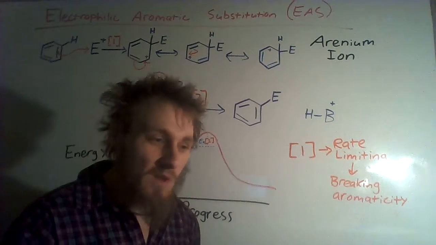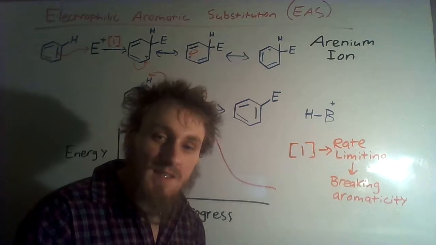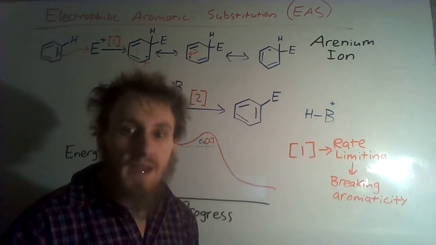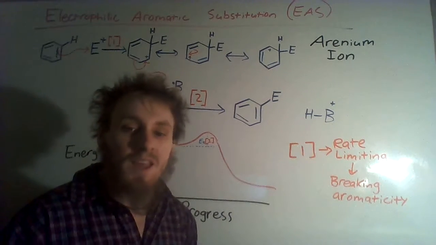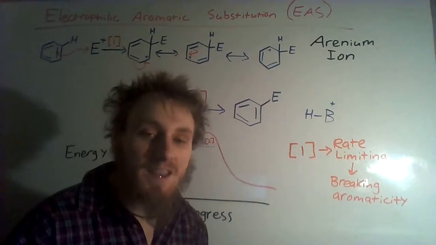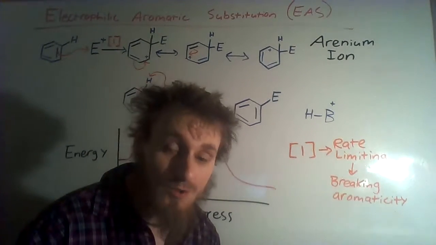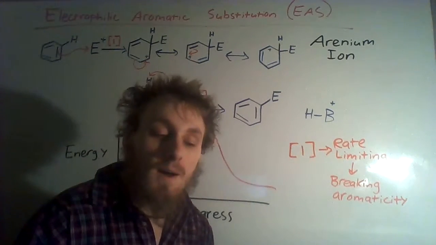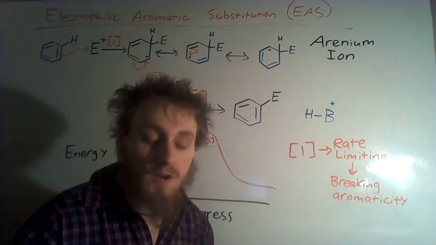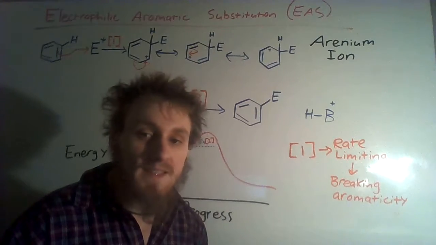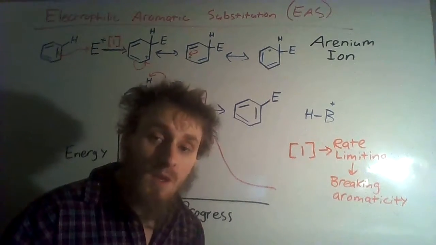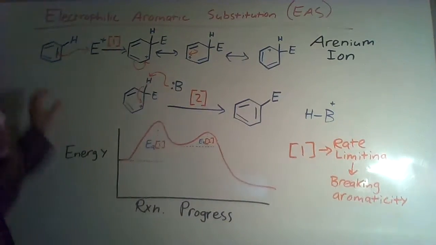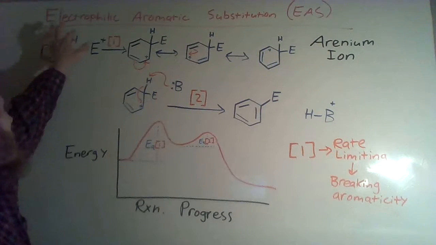But anytime you're doing EAS type reactions, especially if you're drawing out the mechanism, I highly, highly recommend, strongly encourage you to draw in at least one hydrogen. And that'll be more clear, I think, later on in this video why that's the case. For now, let's just roll with it. So we have our benzene with one hydrogen drawn in.